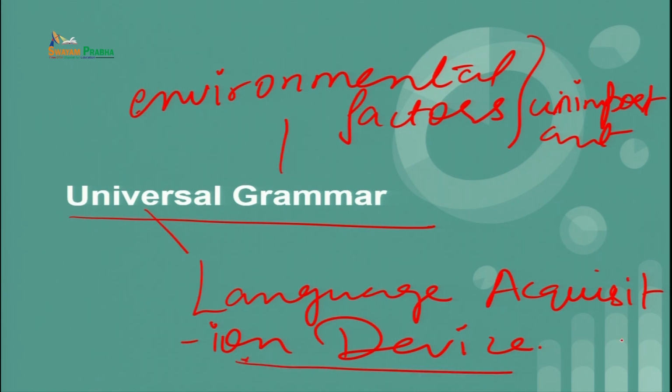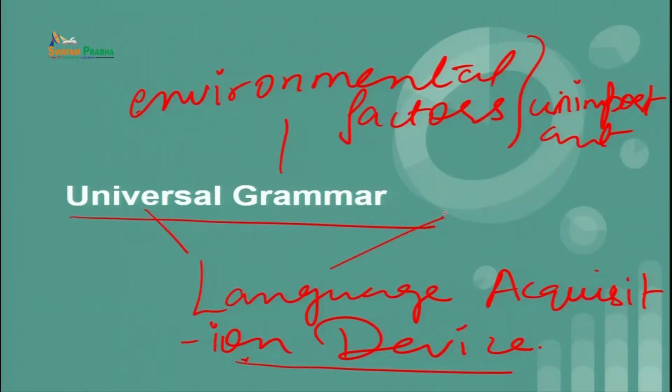Right. So, learners, we can say that the language acquisition device is an important component in anybody's life, because it tells the user to use language in a way. And as Chomsky mentioned, environmental factors are not as important as we need to think.